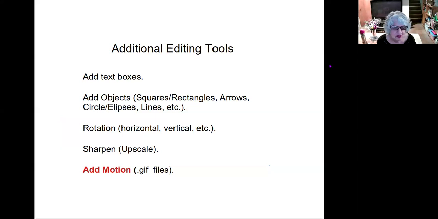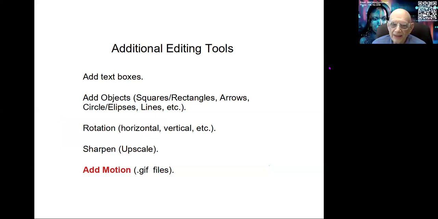So there are additional editing tools like adding a text box, adding objects, rotating, sharpening. We'll talk about that in a second. And adding motion. What motion is, it's a GIF file. It's called a GIF file. And what you're doing there is you're taking multiple images or multiple shots of the same thing, and then telling whatever program you're on to loop them.